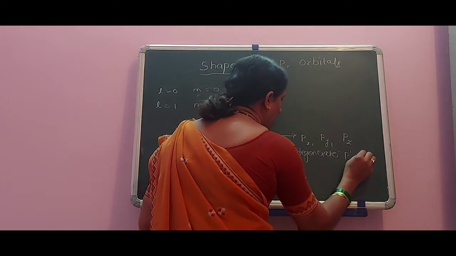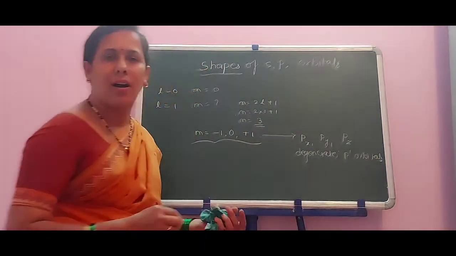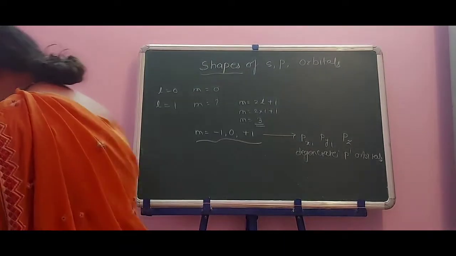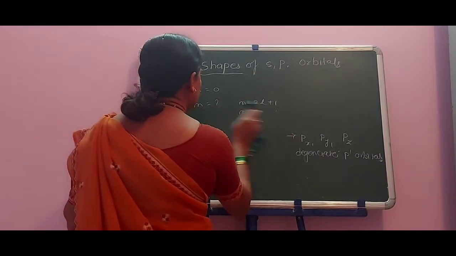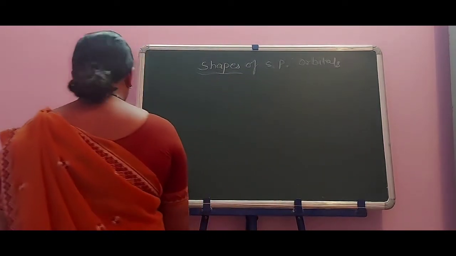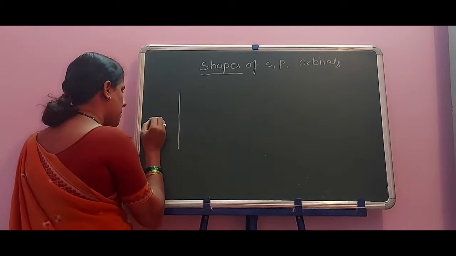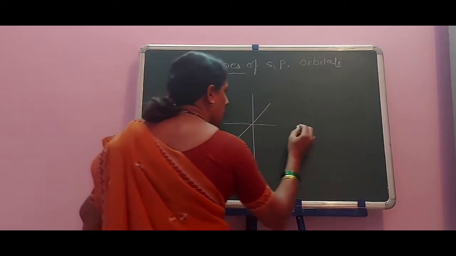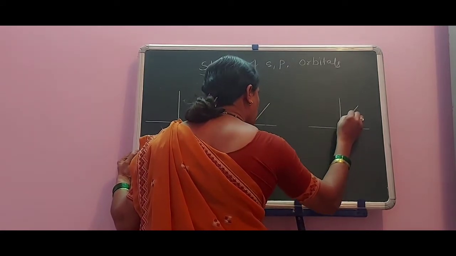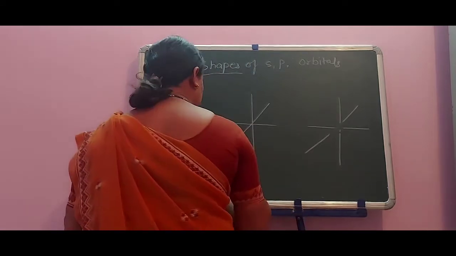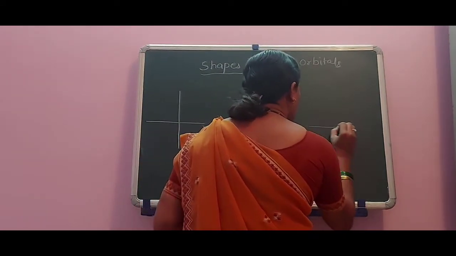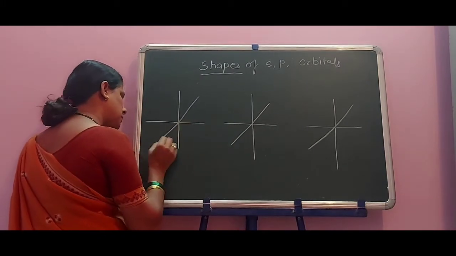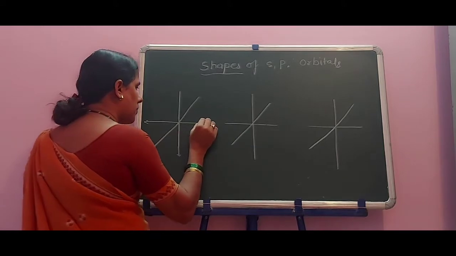Degenerate p orbitals. Now, I will draw the shapes of the px, py and pz orbitals. These are the coordinates.